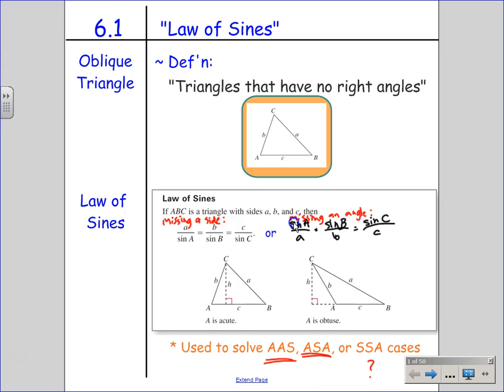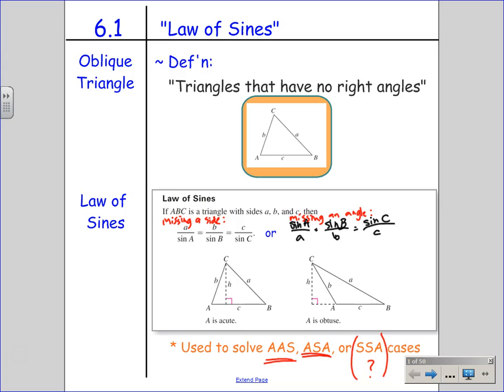That was the one, SSA or ASS, however you want to say it. I don't care. It doesn't prove congruence. In geometry, you could never use it in a 2-column proof because it never proved anything. In this section, probably tomorrow, not today, you're going to see why it couldn't prove congruence, why it was a tricky case. You're going to see it in your homework.